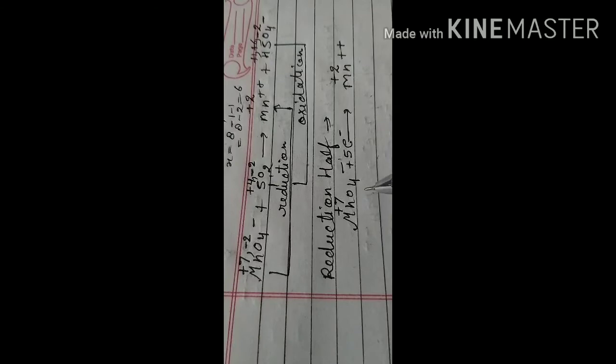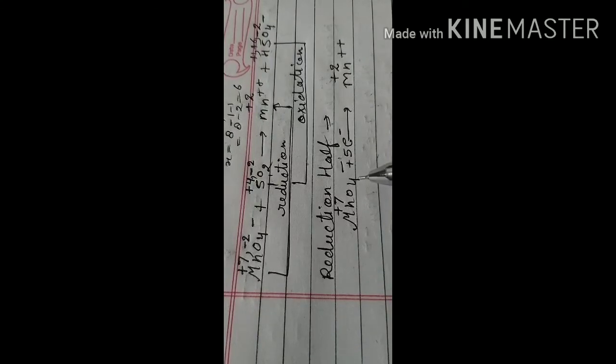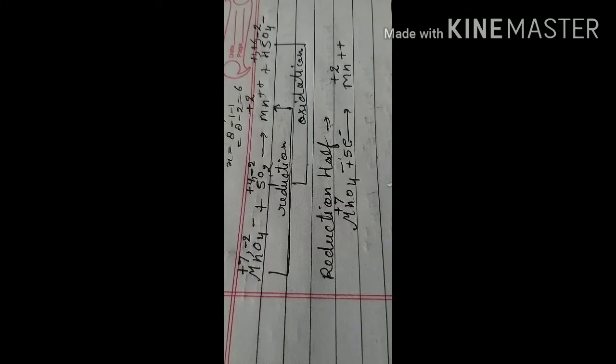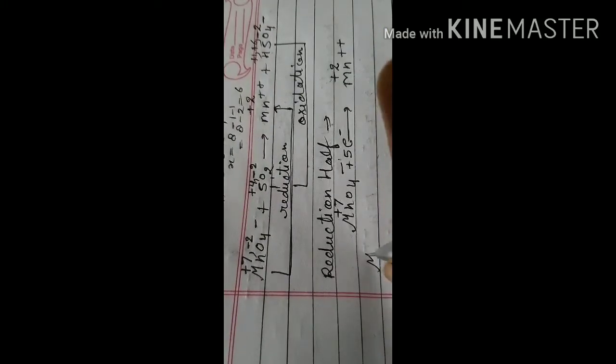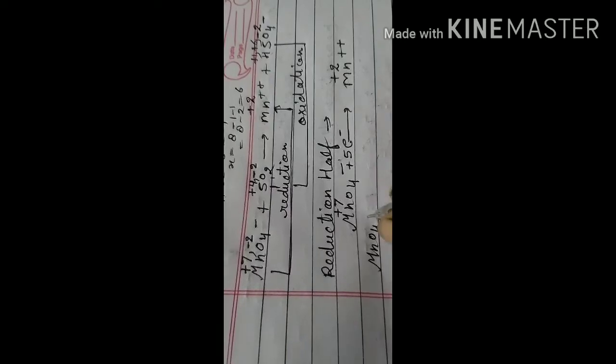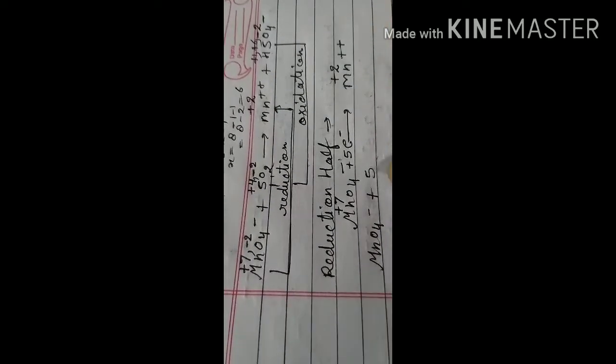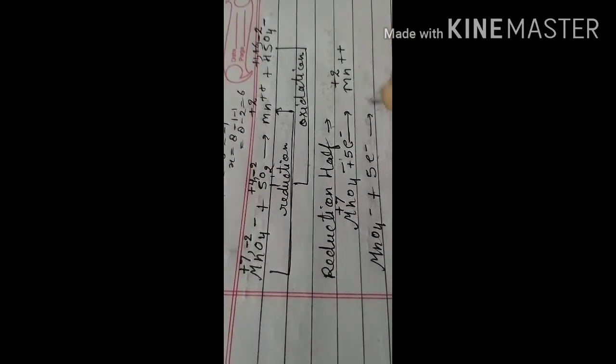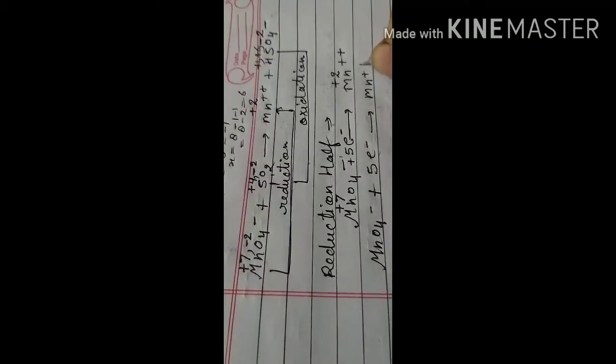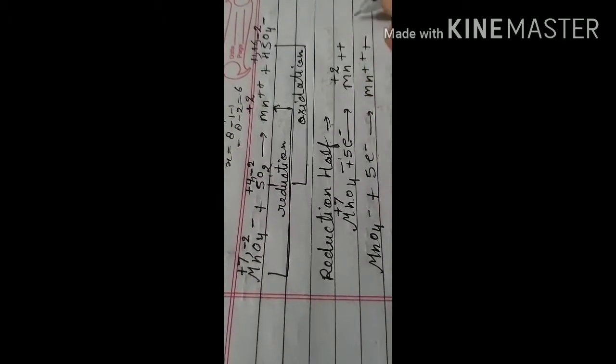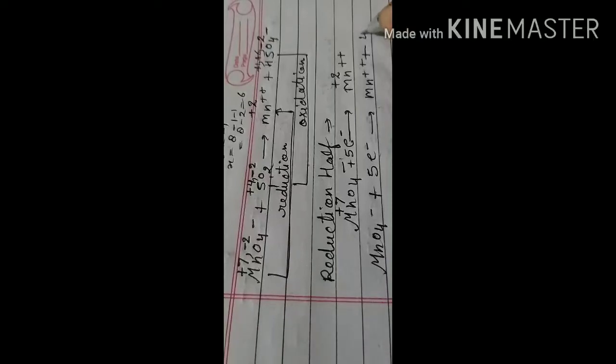Now in the second step, we have to balance the oxygen. For balancing, we have to put that number of water molecules on the opposite side. So in the next step, MnO4 negative plus 5 electrons gives Mn2 positive, plus, as 4 oxygens are there, we put 4 H2O.